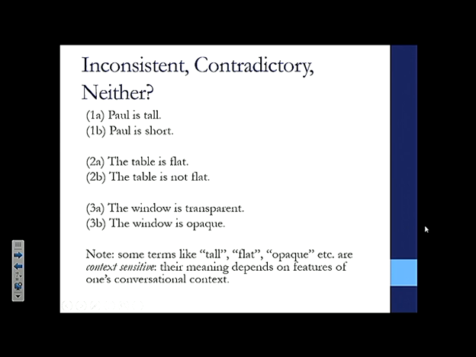You do get a contradiction when you hold the reference class fixed, when you make the judgment relative to the same thing. Table's flat, table's not flat. Ordinarily, you'd consider something like this flat.